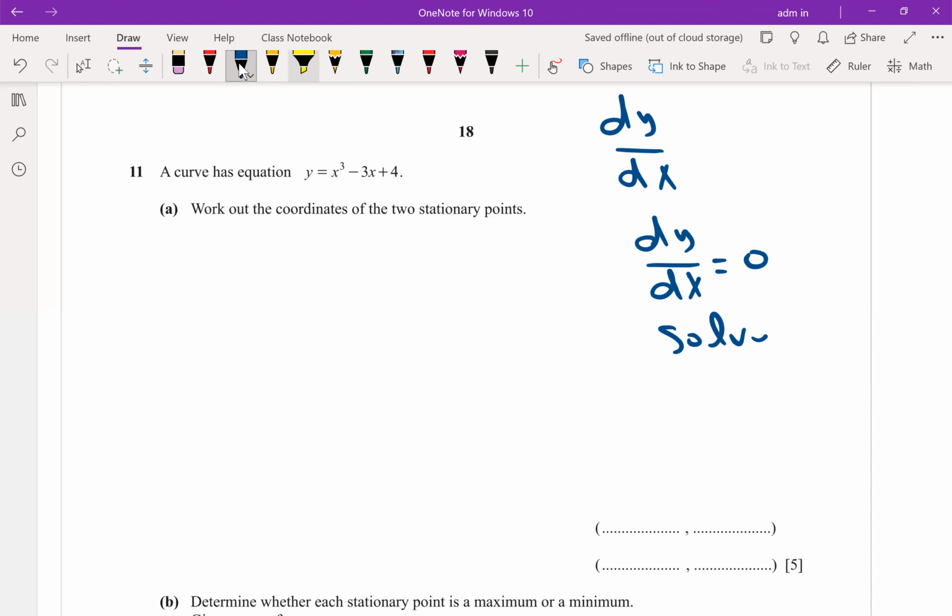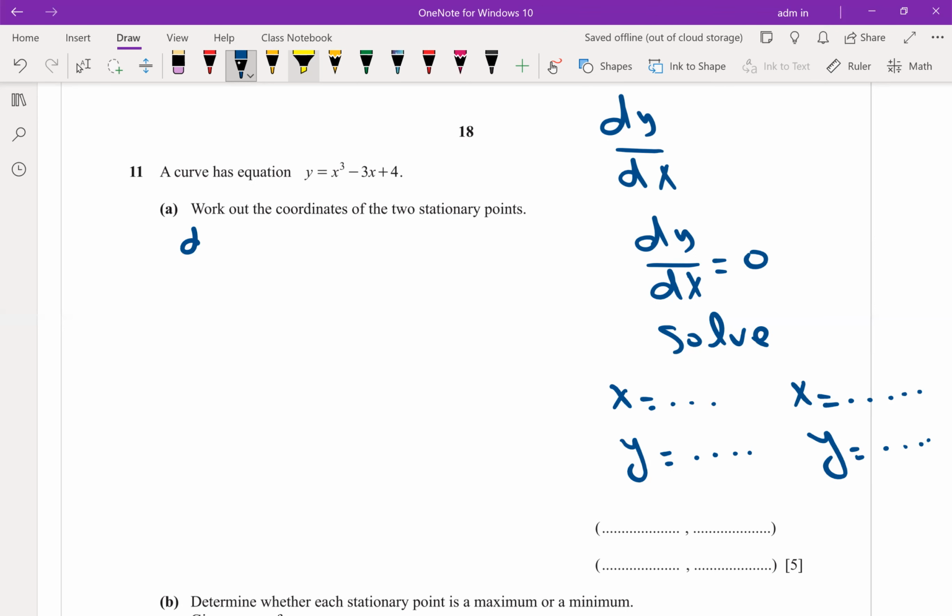Solve the equation, find the value or values of x, then substitute in the original equation to get the values of y. Clear? Part A, how to get the stationary point, the turning point.